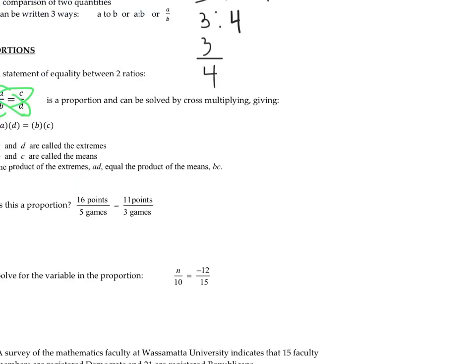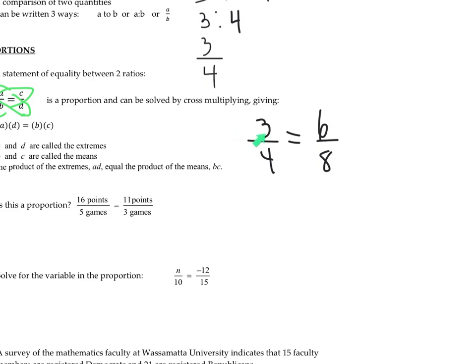Let's look at something that we know is a proportion, meaning we have two equal fractions. Here we have 3/4, and we know it is equal to 6 over 8. If we multiply the top and bottom by 2, we get 6 and 8. So these are two equal ratios, therefore it is a proportion.